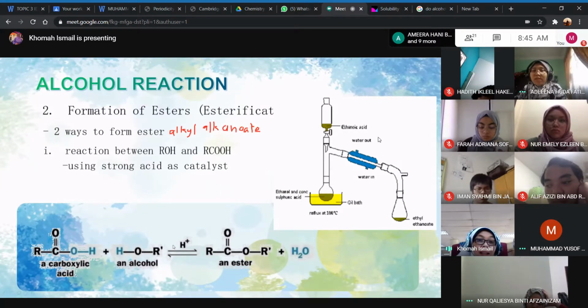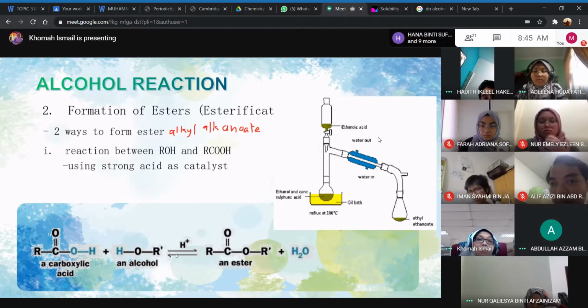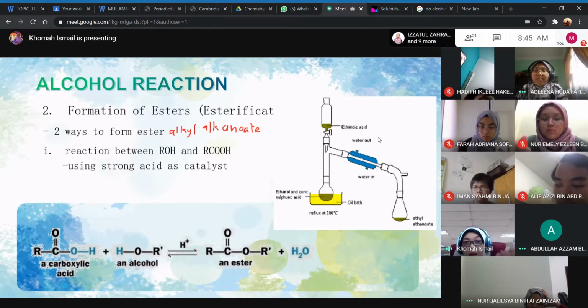Let's say your alcohol is propanol and your carboxylic acid is methanoic acid. It will become propyl methanoate. Very simple. So it is very important for you to know which part is alcohol and which part is your carboxylic acid, and you have to join them together.